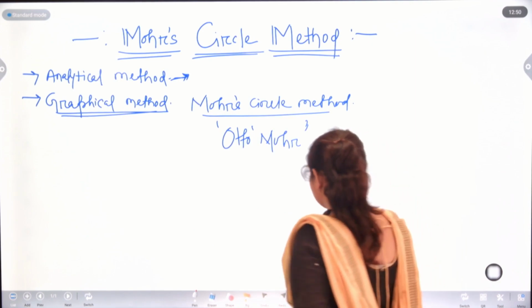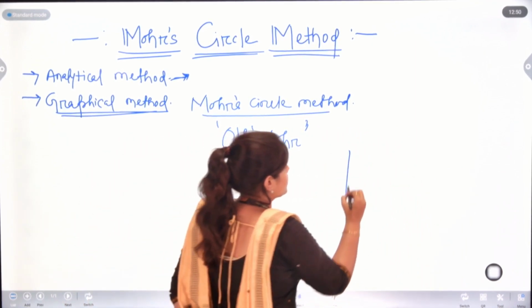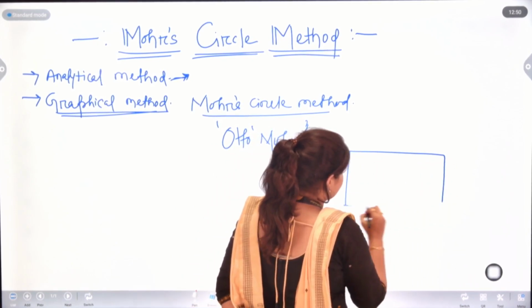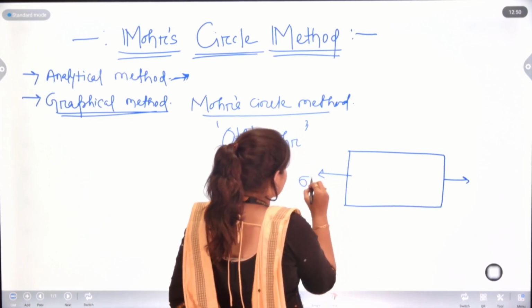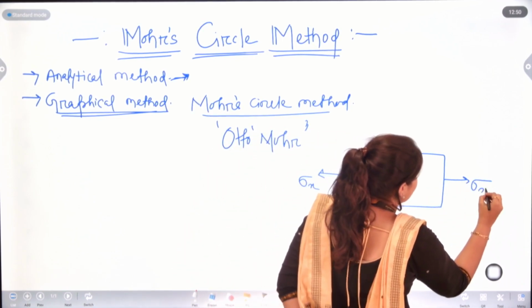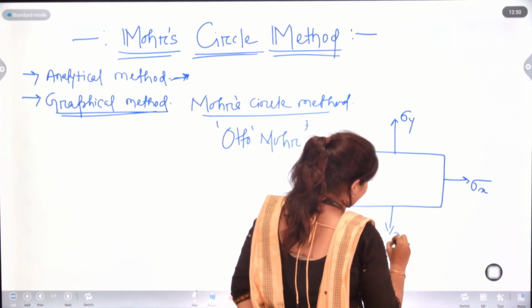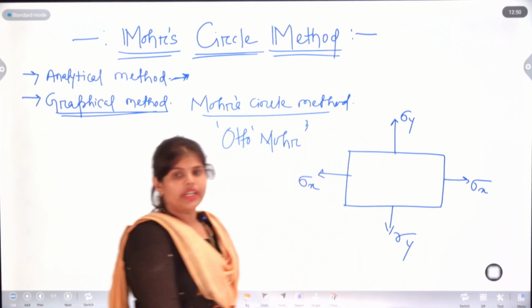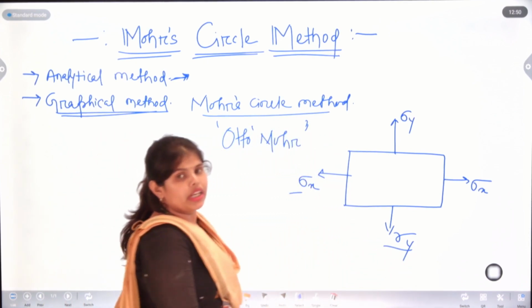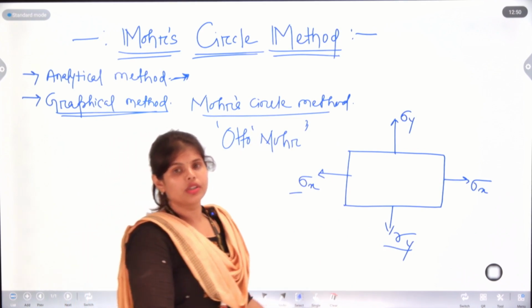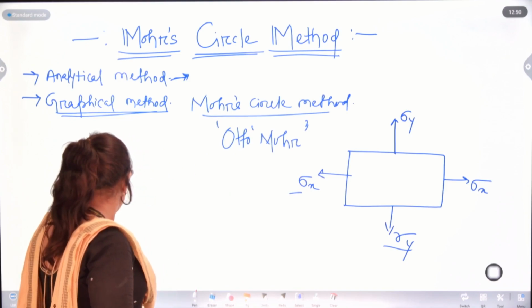Till now, in case of the presence of biaxial stresses like sigma x and sigma y, we have already derived the formulas. We know that one stress will be maximum and another will be minimum. Now our work is to find the shear stress and normal stress.